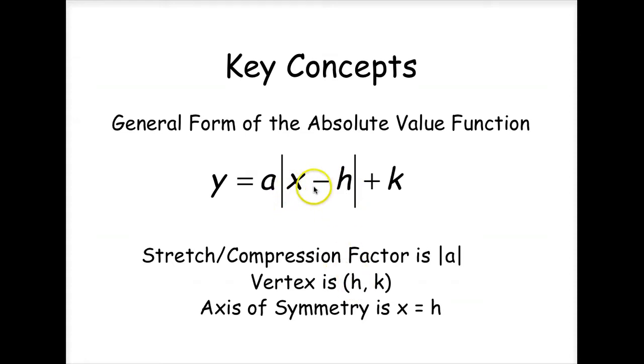If you see x plus 1, then our h would be -1. Okay? So (h, k) is very similar to our x, y coordinate. The stretch or compression factor is very similar to our slope. And then this is the equation for the axis of symmetry: x is equal to whatever your h is.